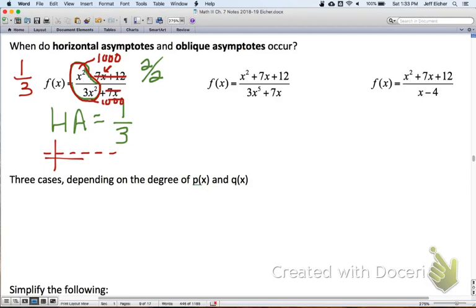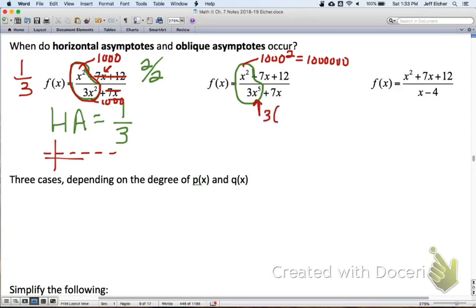Another case is if the degree in the denominator is larger than the degree in the numerator. In that case, imagine putting 1,000 in here, 1,000 squared. That's going to be one with a bunch of zeros, which is a pretty big number, but notice what happens here.